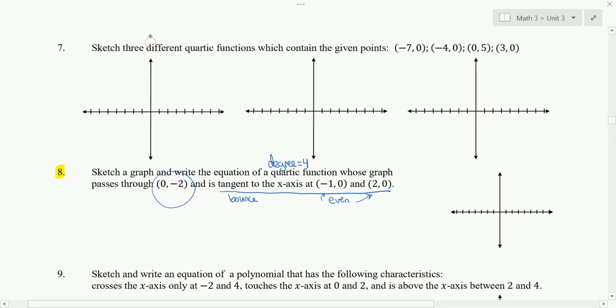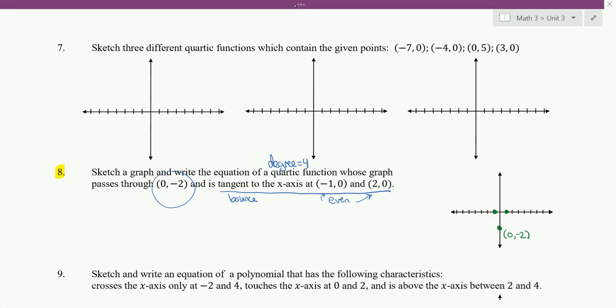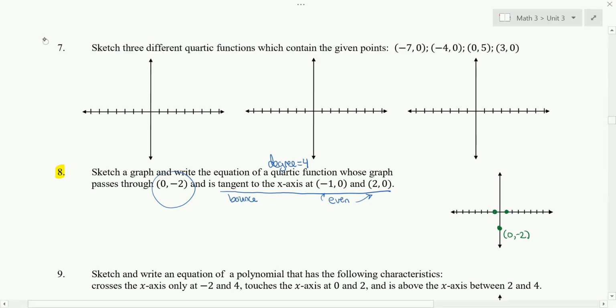So 0, -2, that's my y-intercept. X-intercept at 1, 0. And at -1, 0. Gotta get this right here. And at 2, 0.